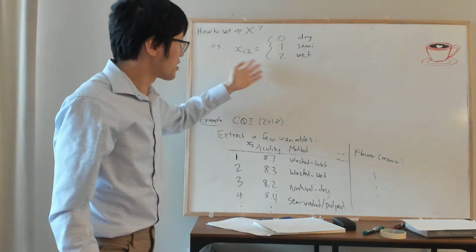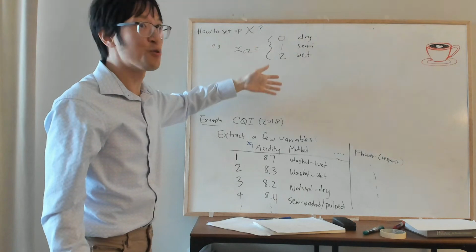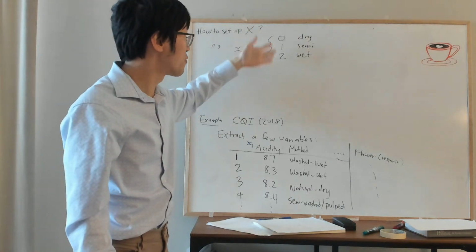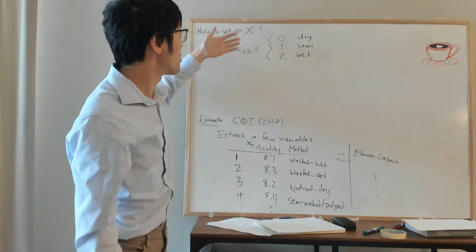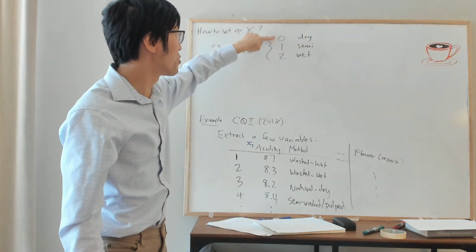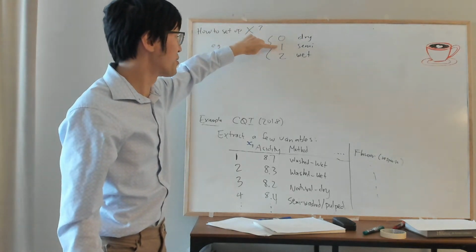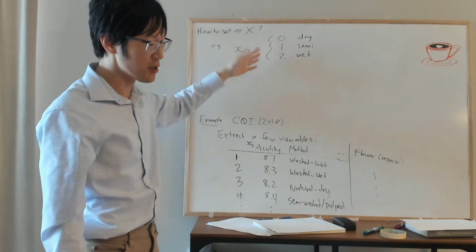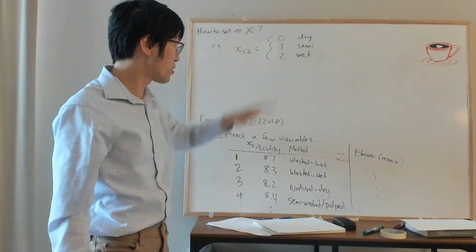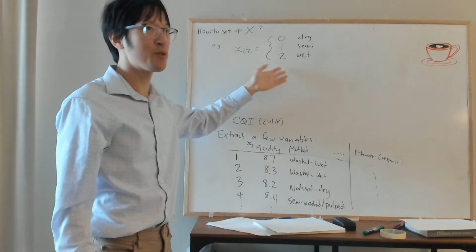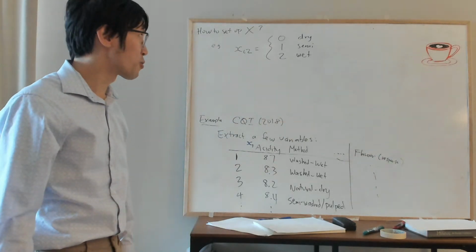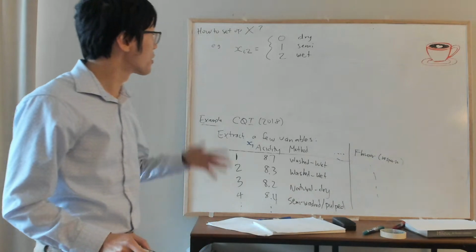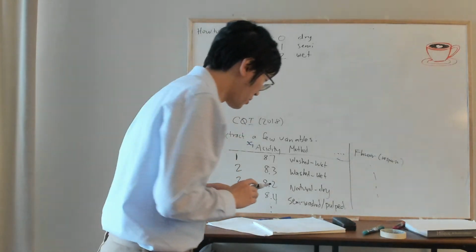Now, in general, unless we're pretty sure that there's a linear relationship in this order, I would not recommend doing this, because this is not a very flexible model. For example, coding it this way would imply that there is an ordering between dry, semi, and wet, and the effect of the semi method would be exactly halfway between dry and wet. So you see, this is a very rigid kind of coding, and often something like this would not be appropriate for categorical variables that don't have a clear ordering in terms of their effect on the response.